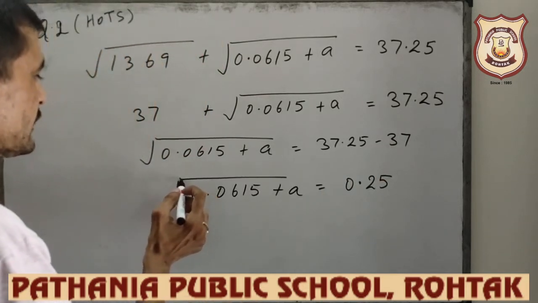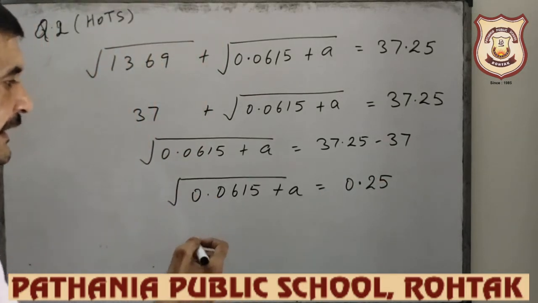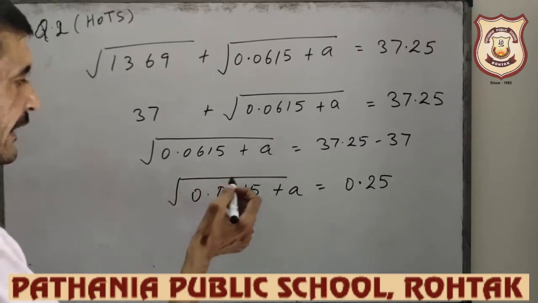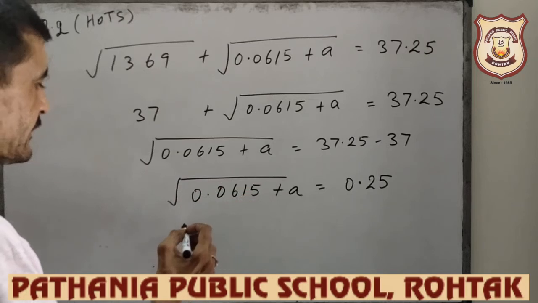Now how can I remove this square root sign? This sign can be removed by squaring both sides, because square and square root always cancel each other.